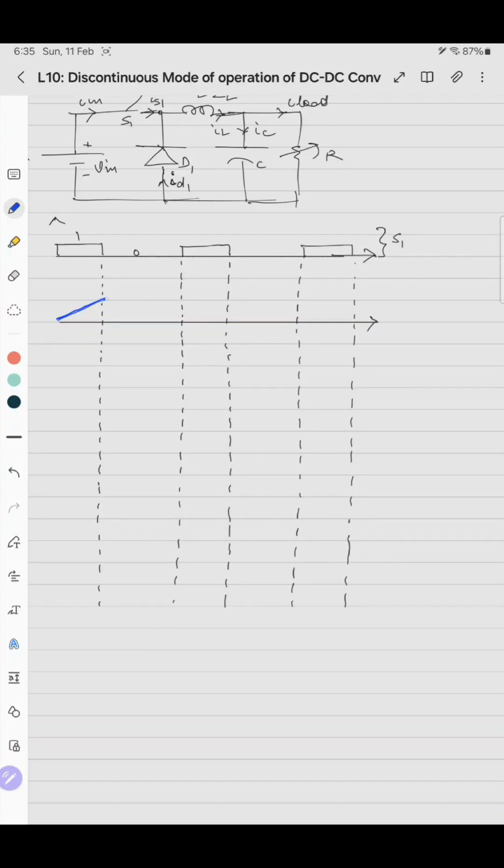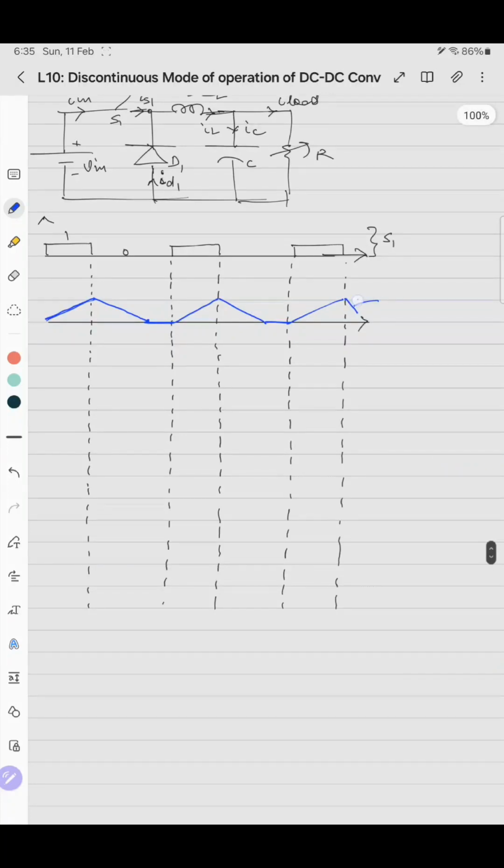It will rise and fall before even the start of the next cycle, and then it will be constant. Then it will rise, fall again, rise and fall. This waveform belongs to IL, the inductor current.